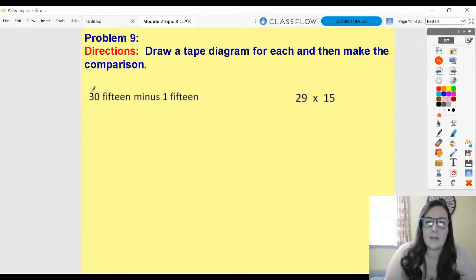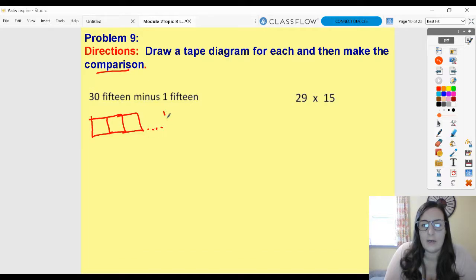And the last thing that you're going to come across is this idea of comparing them. They want us to use tape diagrams to compare these. So we have 30 15s minus 1 15. So imagine we have 30 copies of 15, except I'm not going to draw out 30 copies of 15.